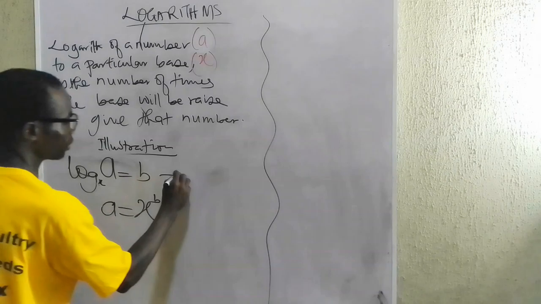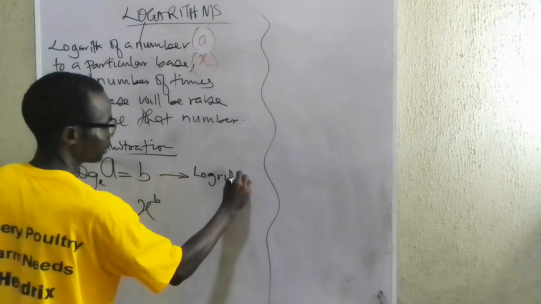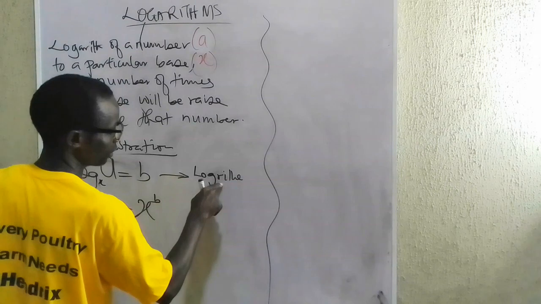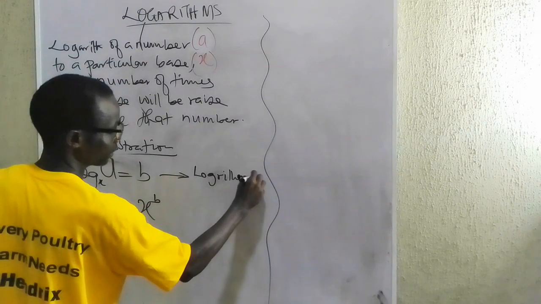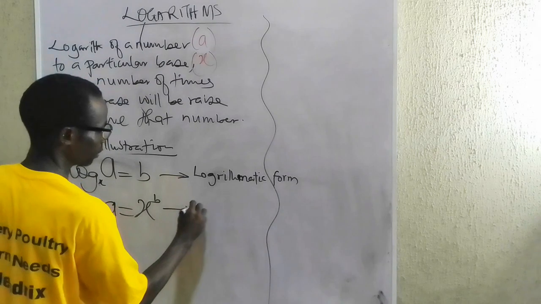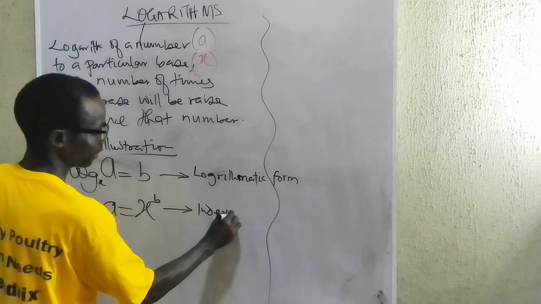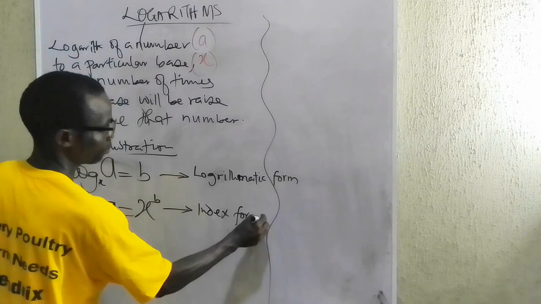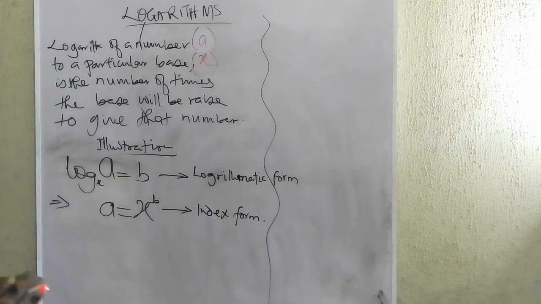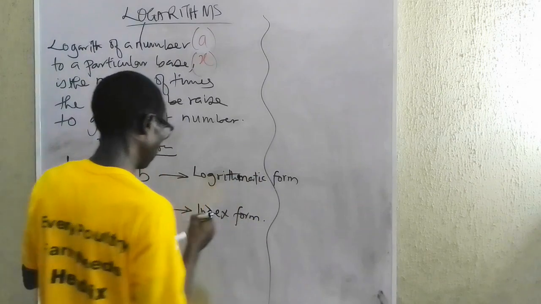Now what you have here is the logarithmic form, and what you have here is the index form. Index means power form or exponential form.